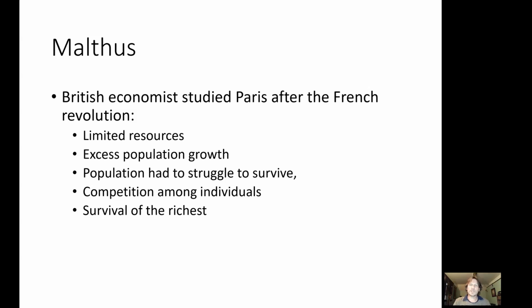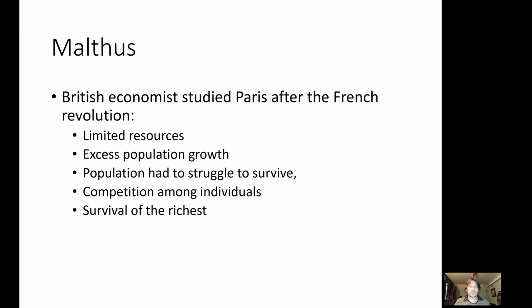He was interested in seeing how getting rid of the noble class and establishing a working class, a middle class, was going to play out in France. And what he discovered in Paris is there's still a lot of poverty. He noticed, one, that in the city there wasn't great transportation yet, so resources are limited. Getting food into the city was hard, right?